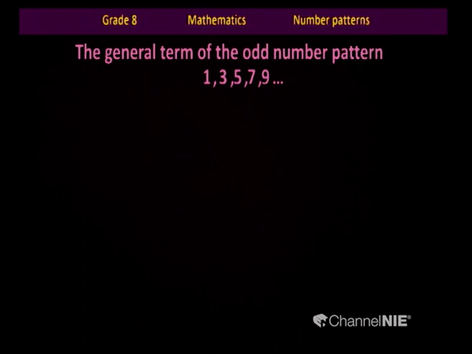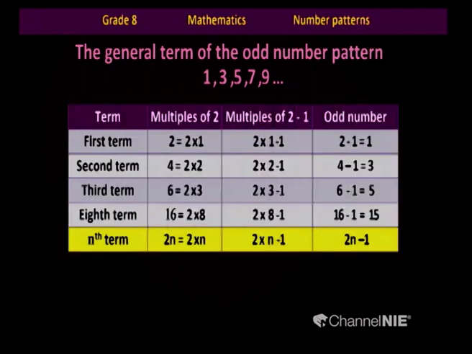Now, what are the terms there? The odd number pattern starting from 1 and written in ascending order, we can get 1, 3, 5, 7, 9, 11. Likewise, we can have any number of terms because I am talking about an infinite number pattern.